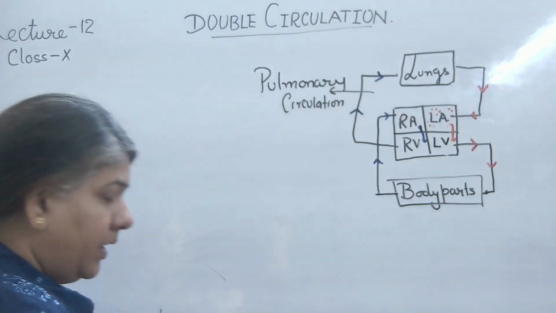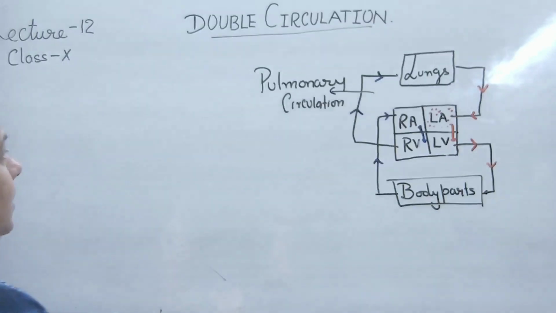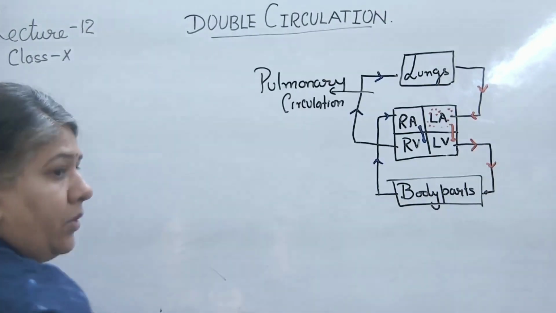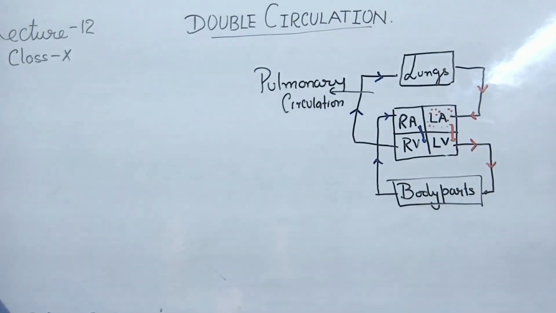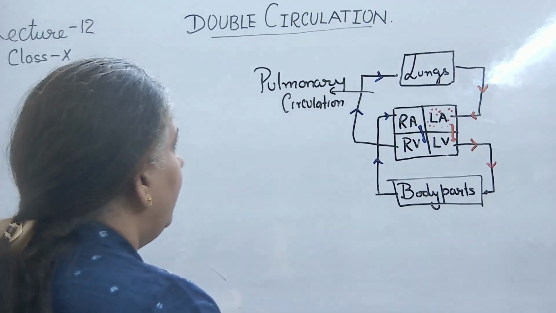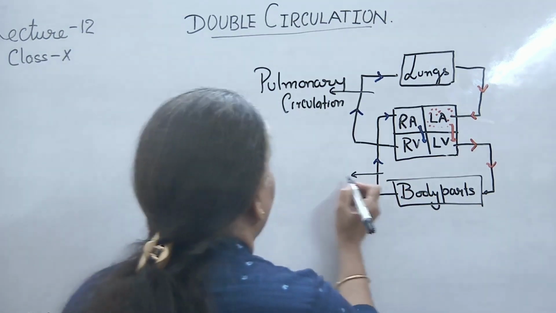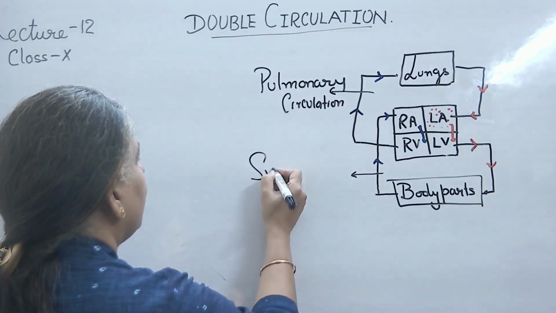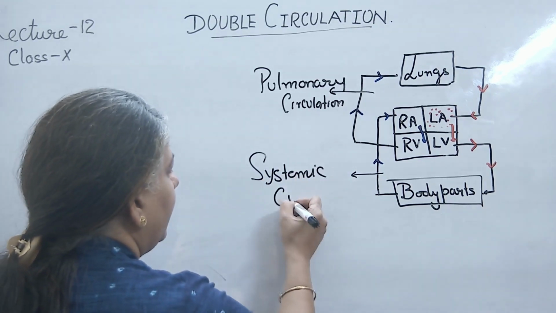Okay, so let's write down how will you present the answer in your answer sheet. You may take the screenshot. See, in the schematic diagram, you can also mention all the veins and arteries. This is systemic circulation.